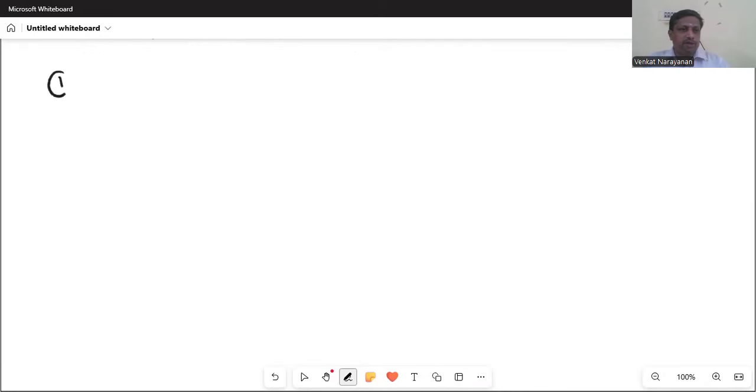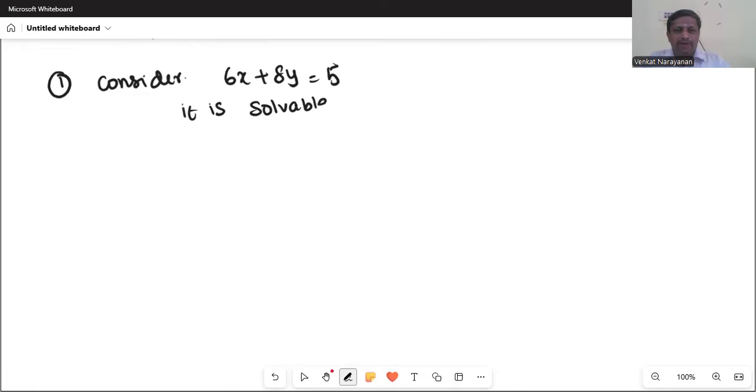Suppose we consider one equation: 6x plus 8y equal to 5. First, we want to check whether it is solvable or not.